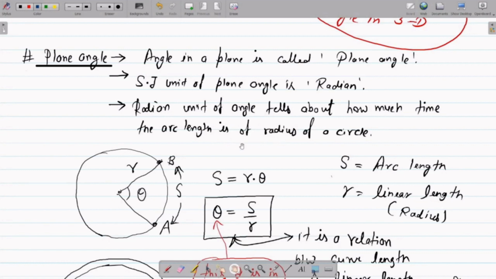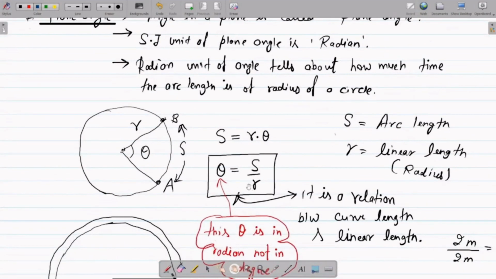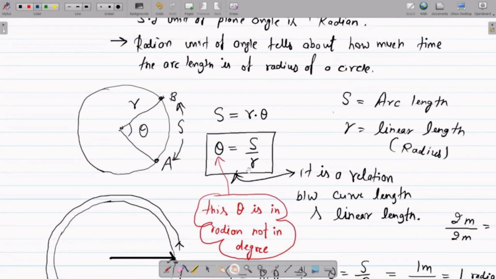And we are all familiar with this equation also: arc length is equal to radius multiplied by the angle. If I rearrange this equation, then I can say theta is equal to S by R. And here I want to emphasize that theta is measured in radian, not in degree.